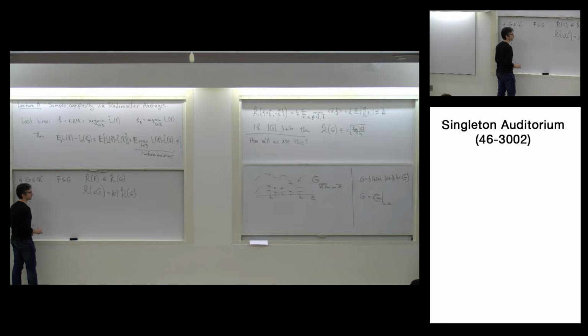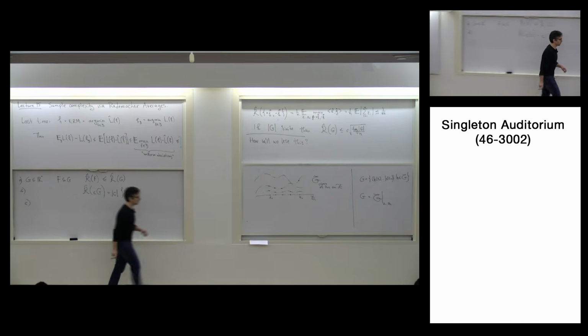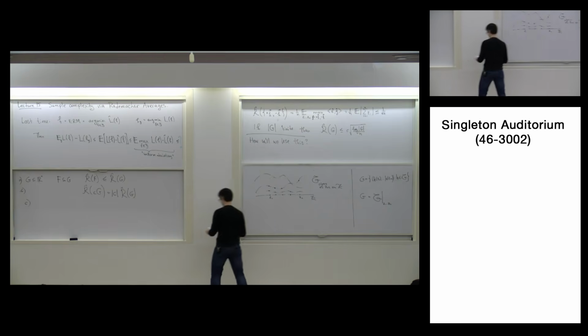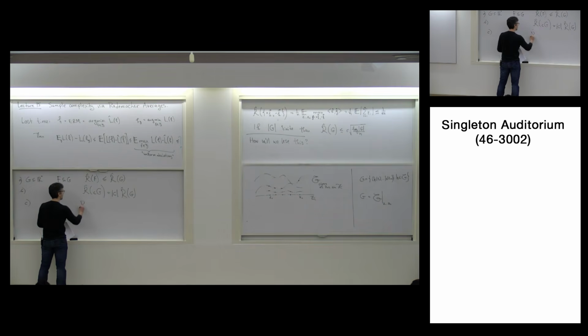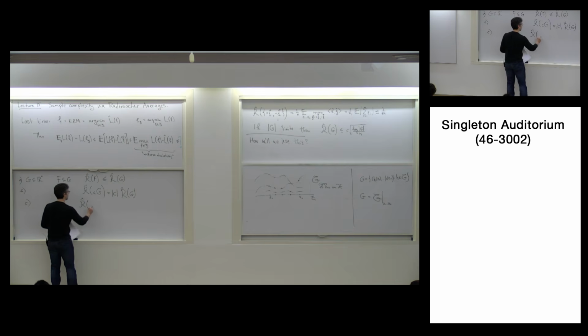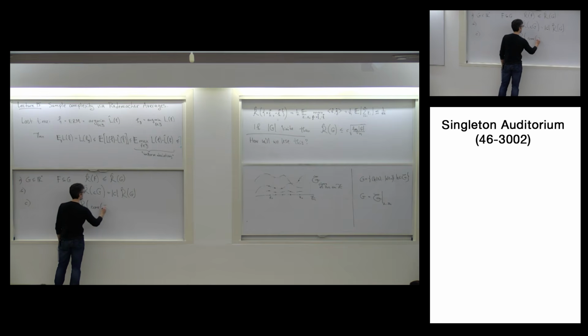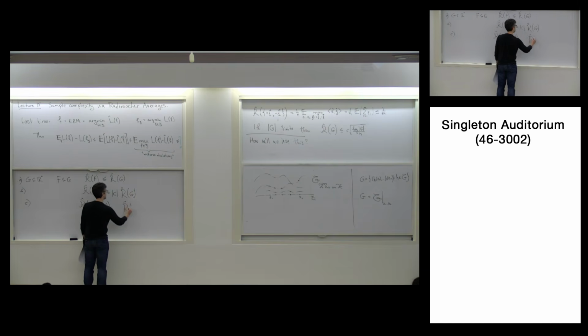That's another one. Okay, that's the important one. R hat, Rademacher averages of the convex hull of G. How do they relate to Rademacher averages of G?